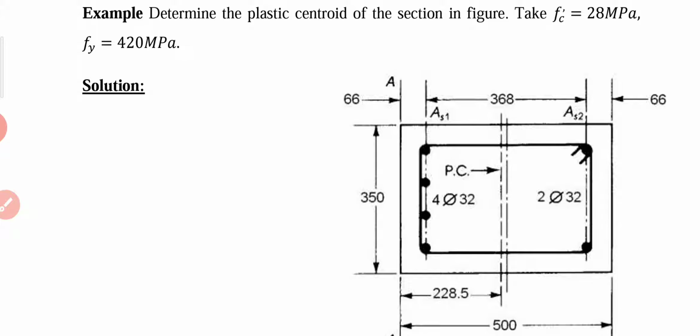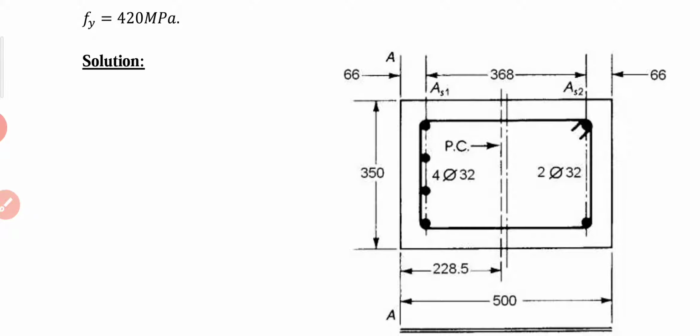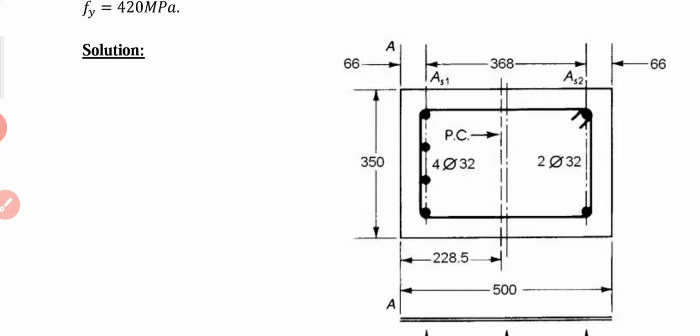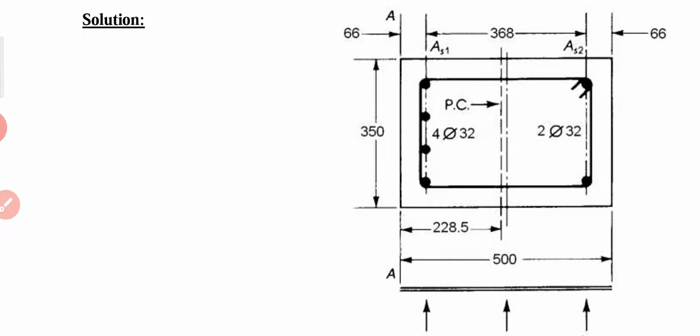We can also write it as 28 Newton per mm square, because 1 megapascal equals 1 Newton per mm square, and fy, the yield strength of steel, equal to 420 MPa. We can also write it as 420 Newton per mm square. This is the figure.